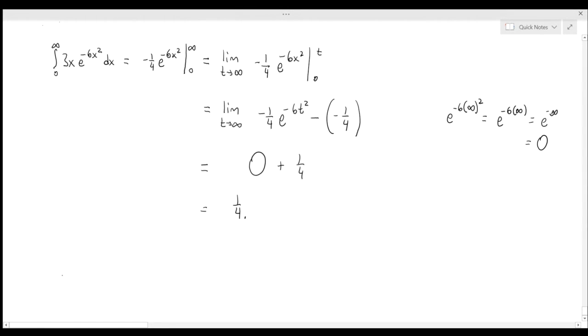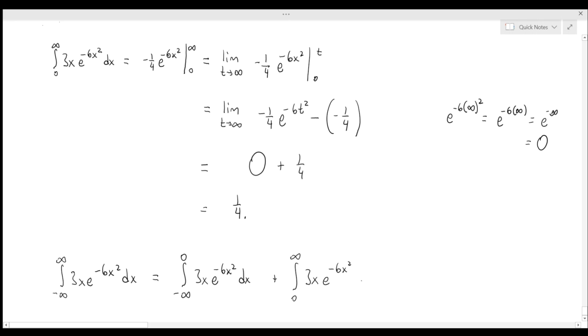Then finally, going back to the original question, which was the improper integral from negative infinity to infinity. We broke it up as the improper integral from minus infinity to 0 plus the improper integral from 0 to infinity.